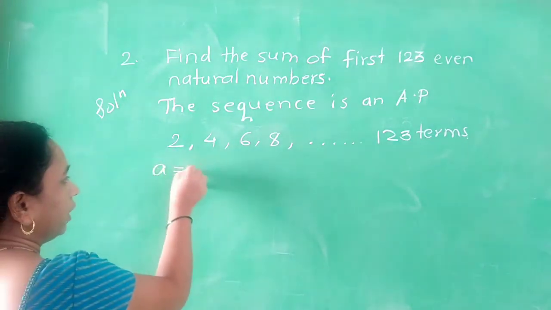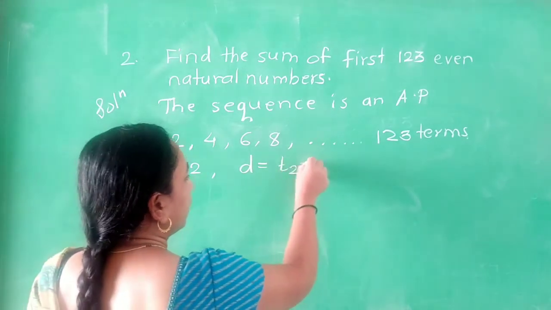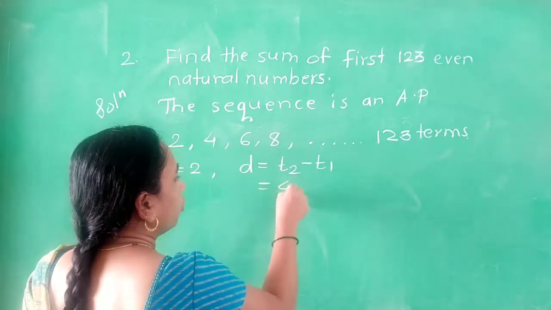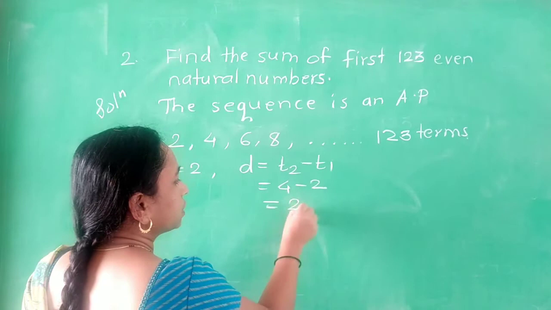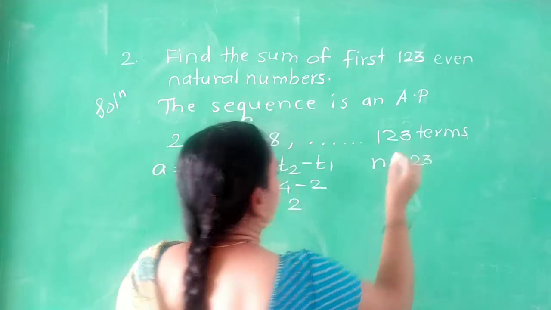A's value is 2. D's value is T2 minus T1, 4 minus 2, the answer is 2. N's value is the total 123 terms.